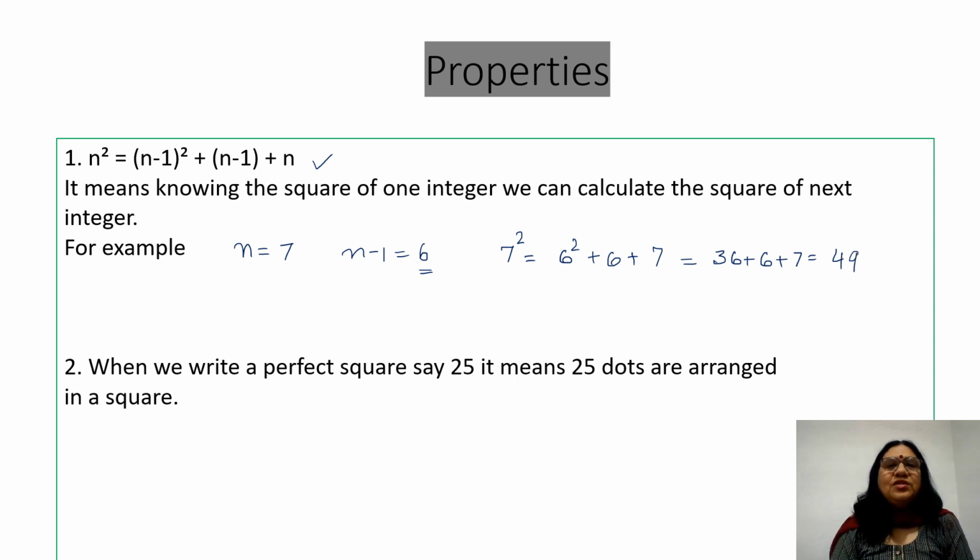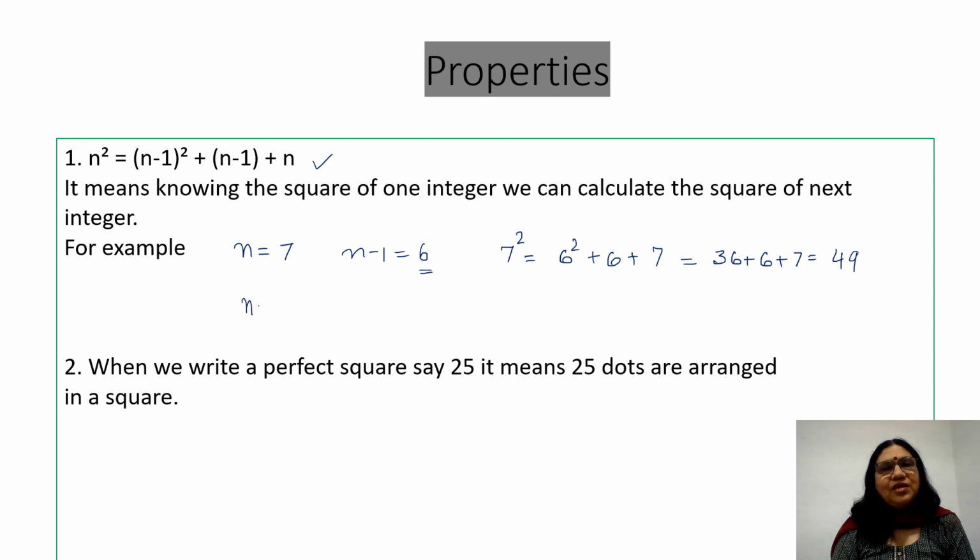So if I know the square of any integer, I can find the square of next integer without actually calculating it. And this equation you can verify using algebra, that left hand side is always equal to right hand side. You can take one more example.